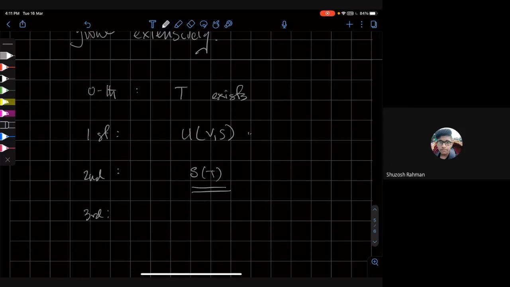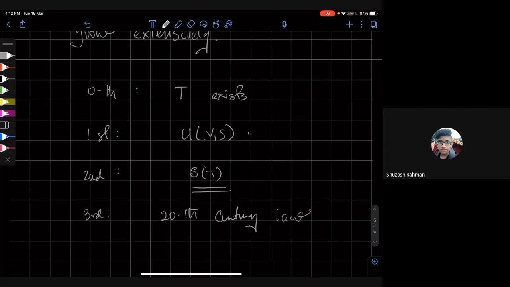Another thing to note is that the third law is a 20th century law. So what does this mean? So this means that the third law actually, explicitly is inspired by quantum mechanics, whereas the other laws were empirical laws, okay?